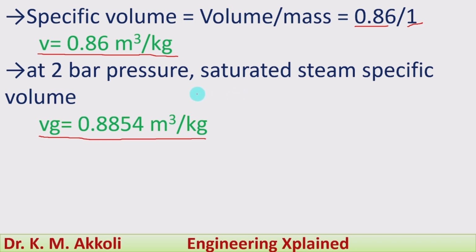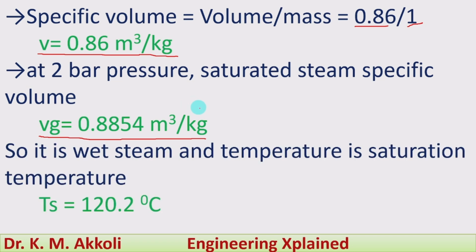Here the saturated steam specific volume is 0.8854 and the specific volume of the given steam is 0.86 meter cube per kg. As the saturated steam specific volume is higher and the given steam specific volume is lower, it is a wet steam. Therefore, by comparing these two, we know the given steam is a wet steam.